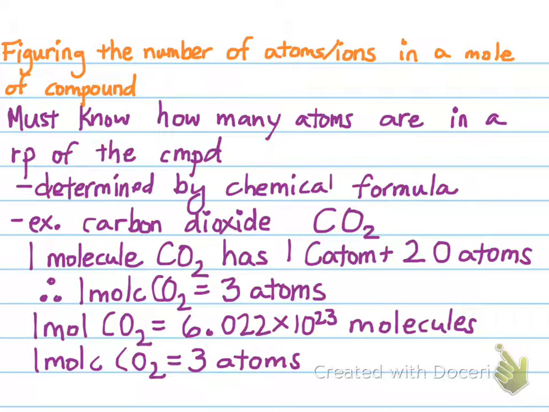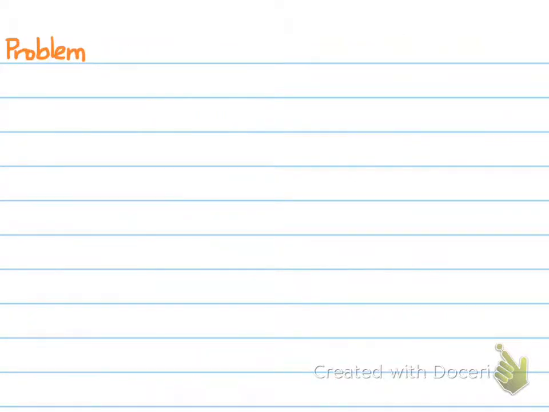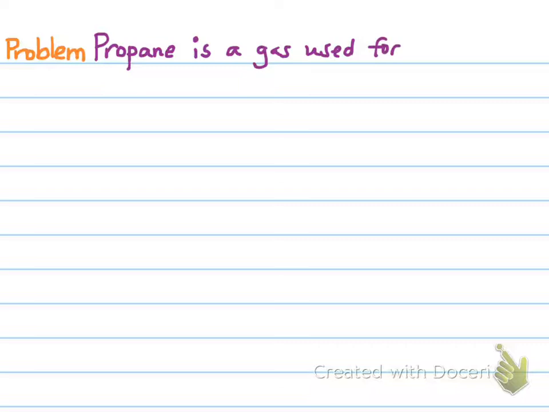So let's take a look at an example problem where we're going to use something like this. We're going to be talking about propane, a gas used for cooking and heating.